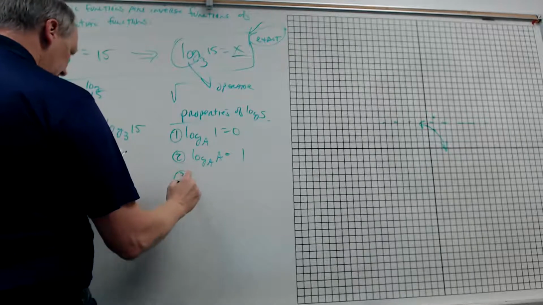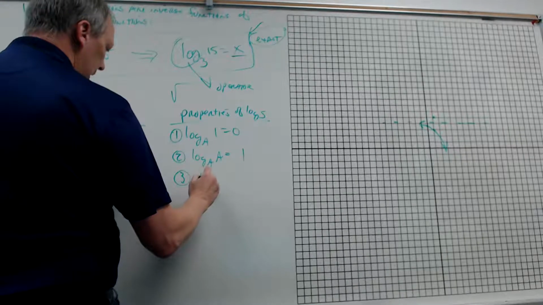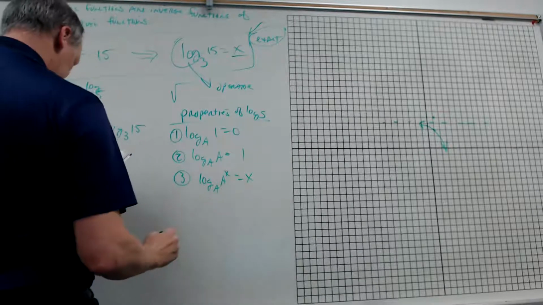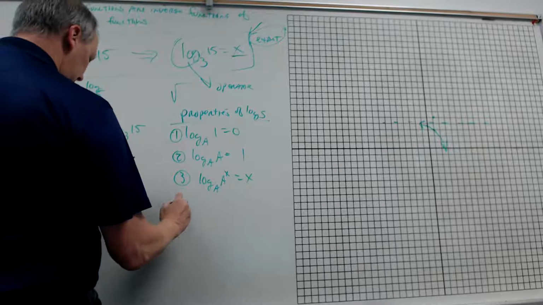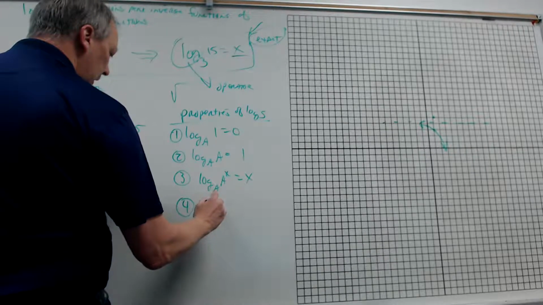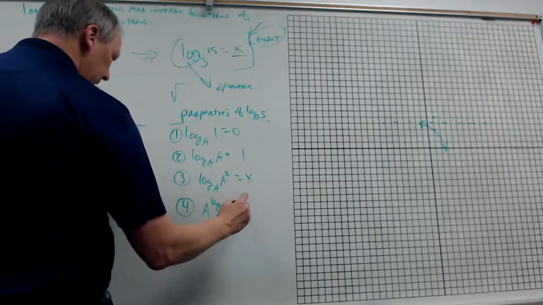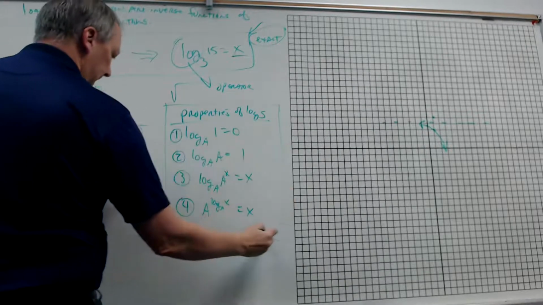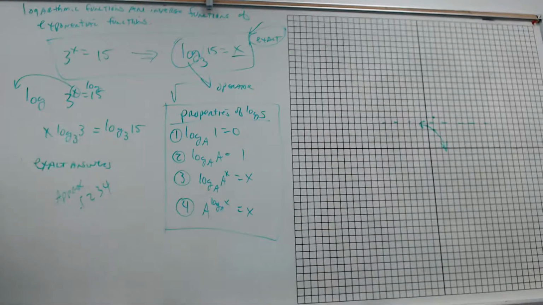Rule number 3, log base A of A to the x equals x. And rule number 4, A to the log base A of x equals x. Okay? So those are 4 properties of logarithms.